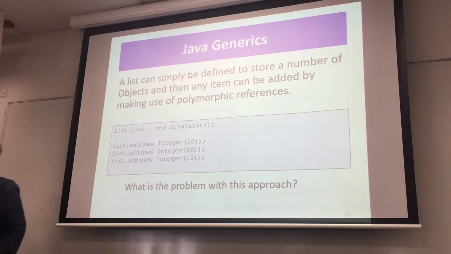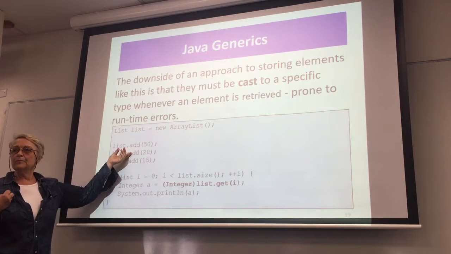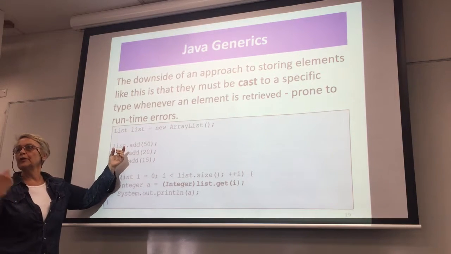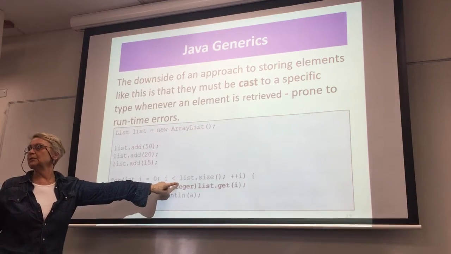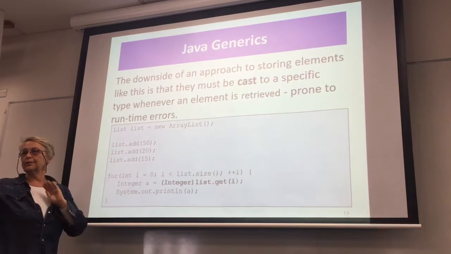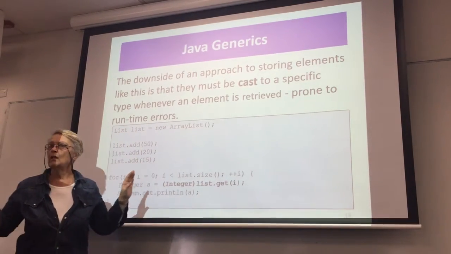What is the problem here? If you want to recover an element from the list, you have to know what was the type and specify it here, because the type was lost. Okay, list get i.